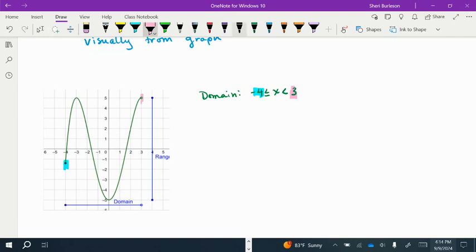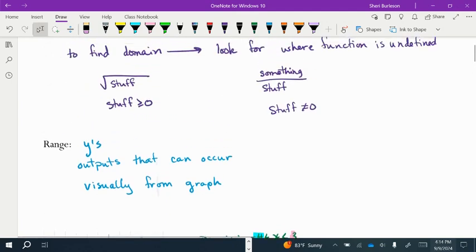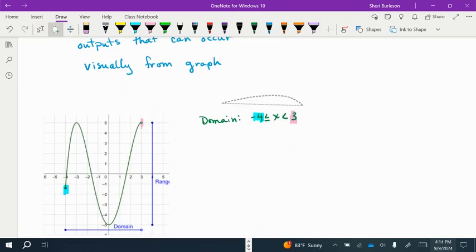The range, I should have done domain in purple, because that was the color I set up there. Let's switch that. And then the range was in blue. So for my range, now we are only looking at the y values. And with this one, let's look at the lower level first. So my lowest y value is -5, and it is not an open circle at the -5.